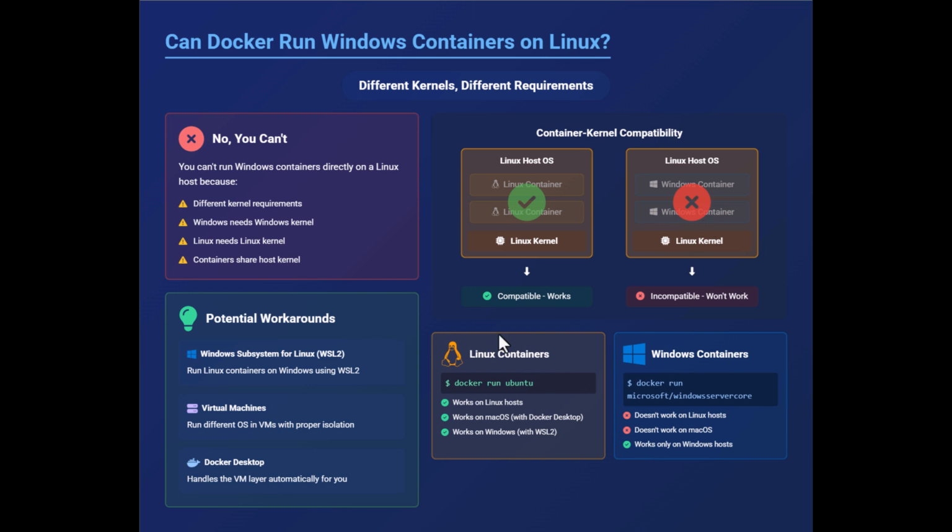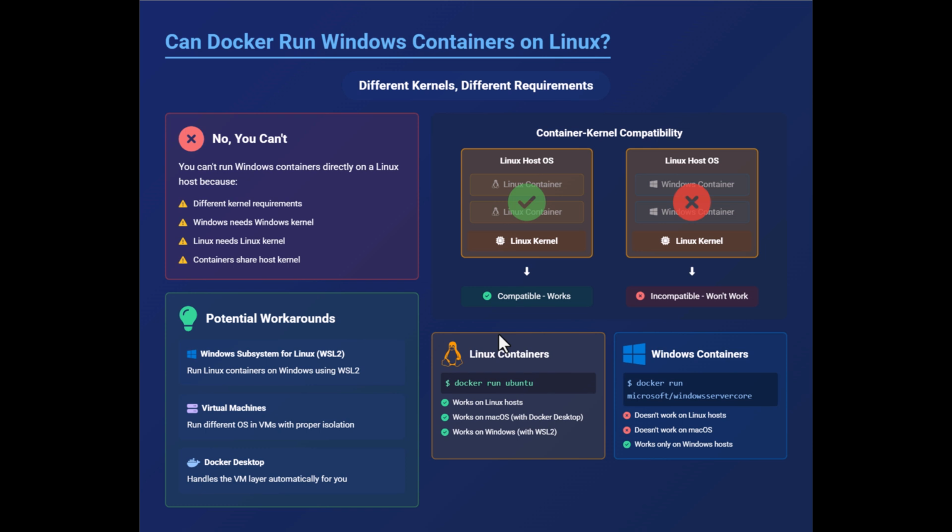WSL2, Windows Subsystem for Linux, lets you run a Linux container on a Windows virtual machine. Docker Desktop handles the VM magic behind the scenes for macOS and Windows. Let's see an example. Running a Linux container, docker run ubuntu. Works on a Linux host, works on macOS with Docker Desktop, works on Windows with WSL2.